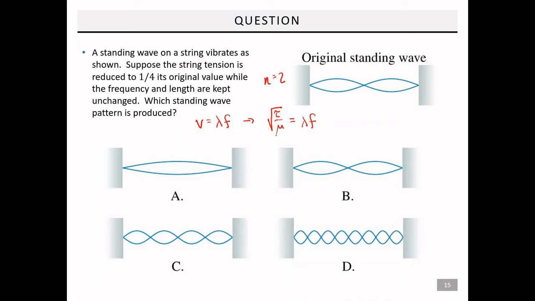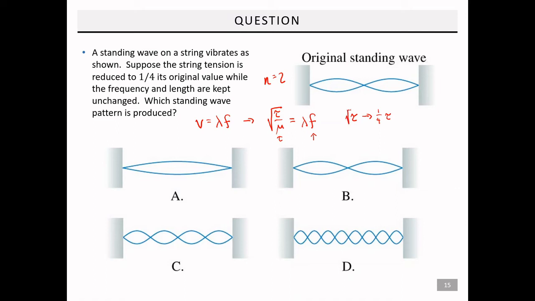Now in this equation, mu and f are not changing because the string is not changing, so mu is the same, and the problem states that the frequency is not changing. So now on the left, if we reduce tau by a factor of 1/4, that 1/4 is inside of a square root.